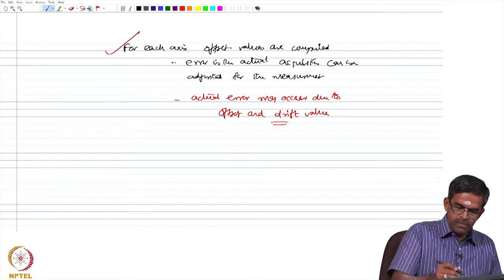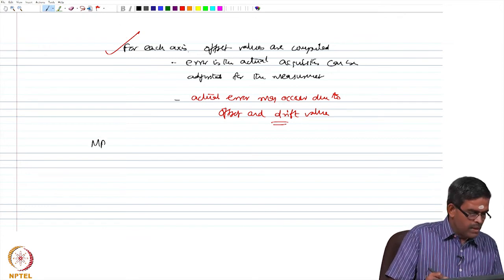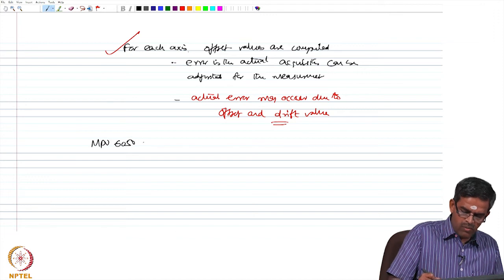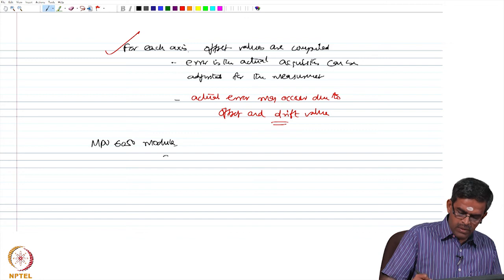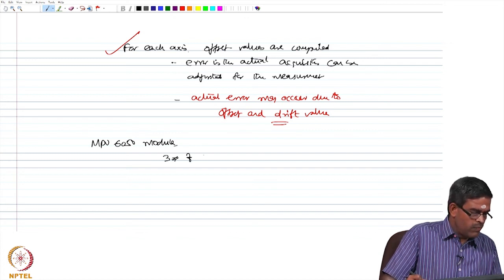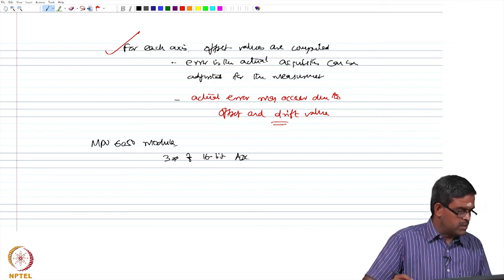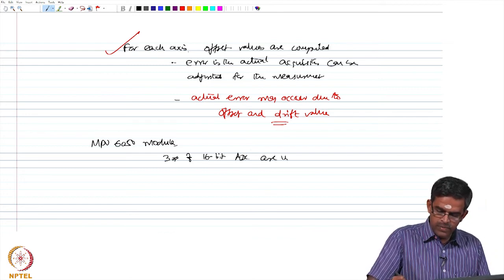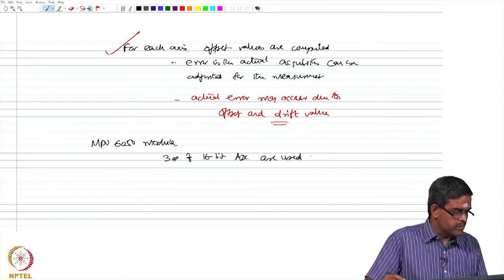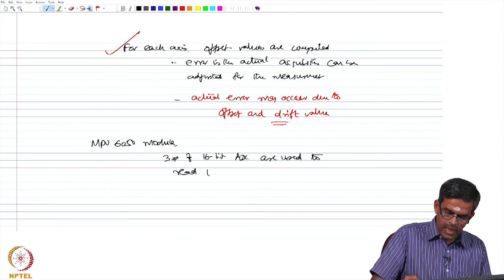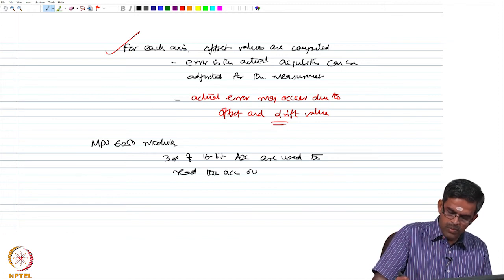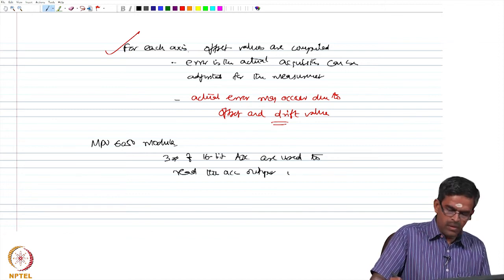In the MPU 6050 module, 3 numbers of 16-bit analog digital converters are used to read the accelerometer output in all 3 axes.